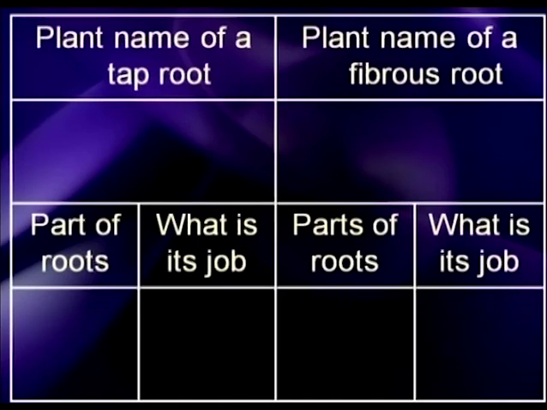Once again, receiving students in class, under part of roots, you are going to draw a part of the root that you have on the table or the one that was shown on screen. And then you are going to write down its job.